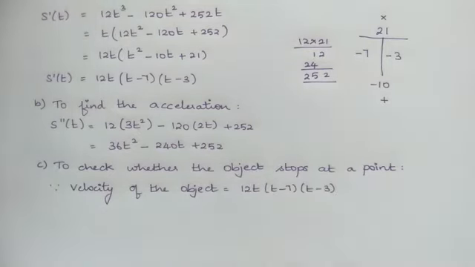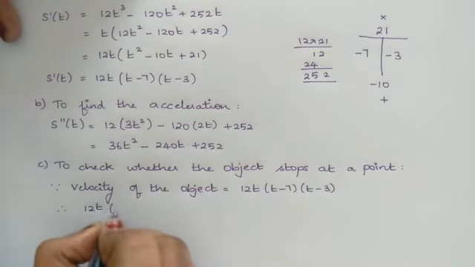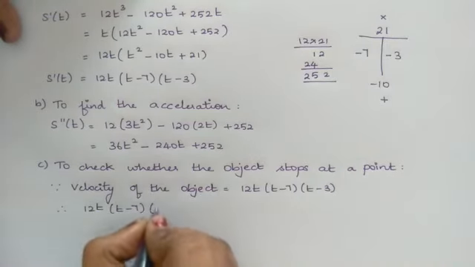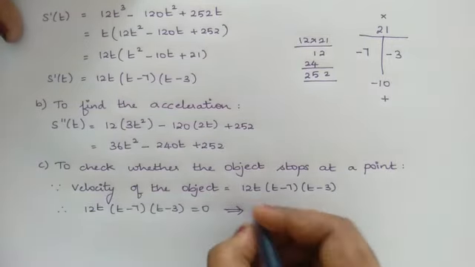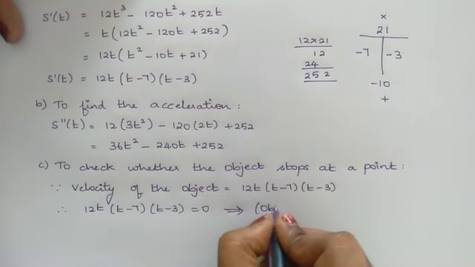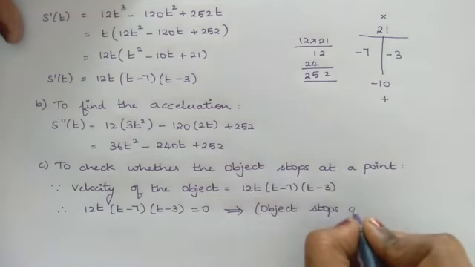The object will stop at a point when the velocity is equal to 0. Therefore 12t into t minus 7 into t minus 3 equal to 0 implies the object stops at a point.